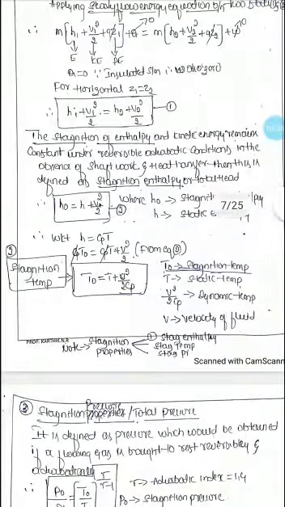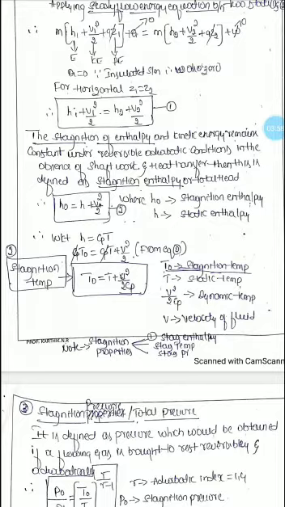We know that enthalpy is equal to Cp into T, where Cp is the specific heat at constant pressure. We apply that formula. Therefore, from equation 2, h0 is equal to Cp into T0, where T0 is the stagnation temperature. Then h is equal to Cp into T plus v square by 2. Cp cancels.